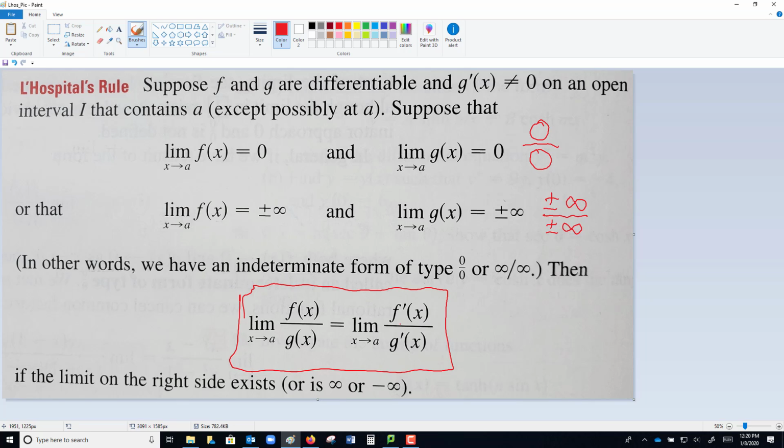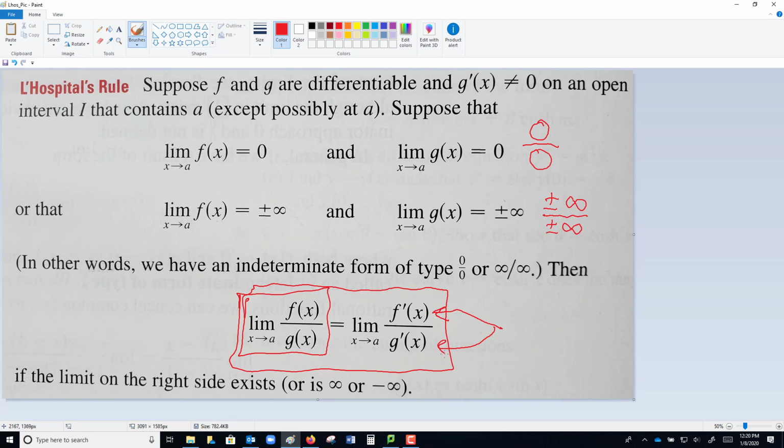So what we can find out about the original limiting behavior is the same as if we can find out what happens to the derivative of the top and the bottom individually. And just to be careful, note how we're taking derivatives independent of each other. This isn't the quotient rule.